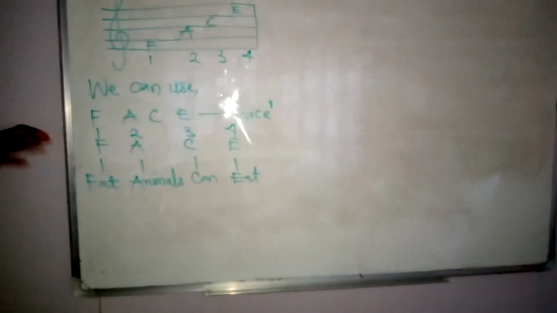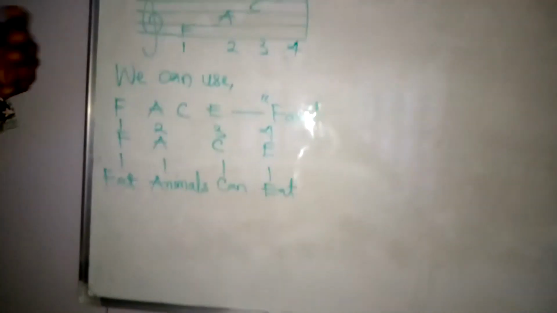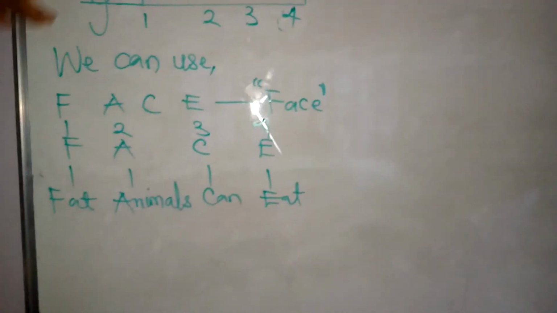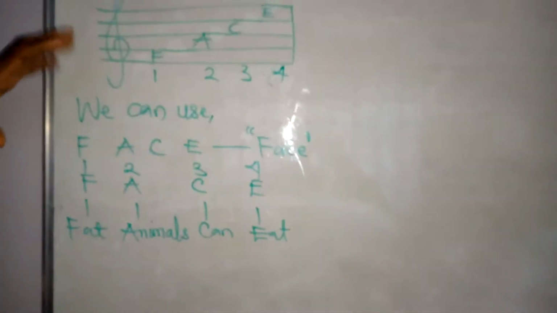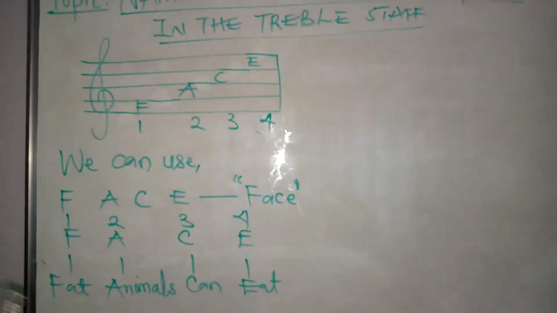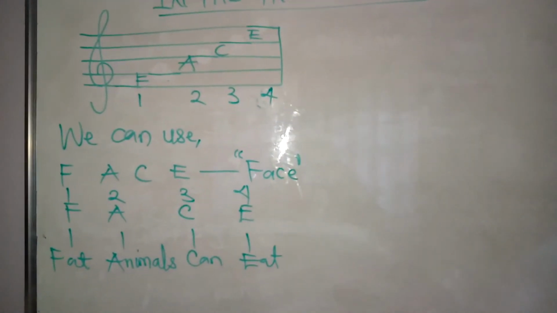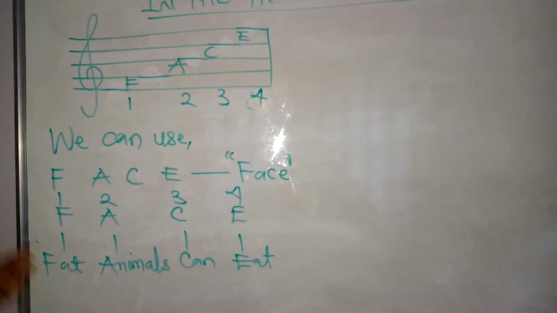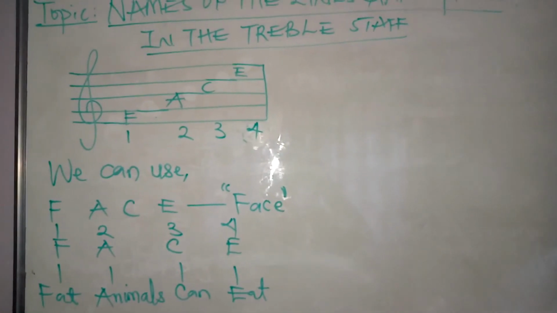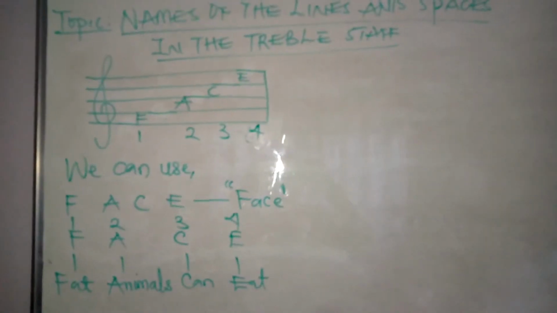Again 1, 2, 3, 4. So you can call it face as one word to remember the spaces of the treble staff, or you should say fat animals can eat. And I believe it's actually true that fat animals can eat. So you could call it face or fat animals can eat.